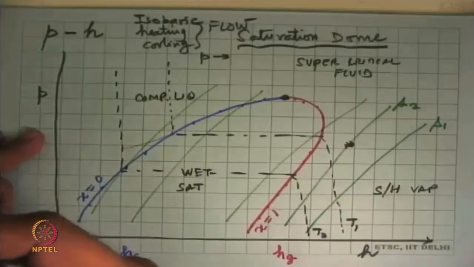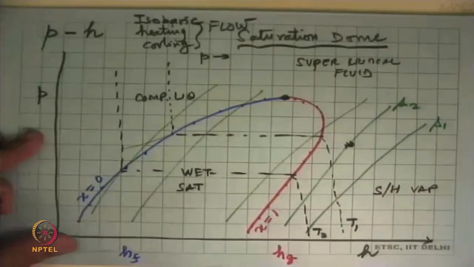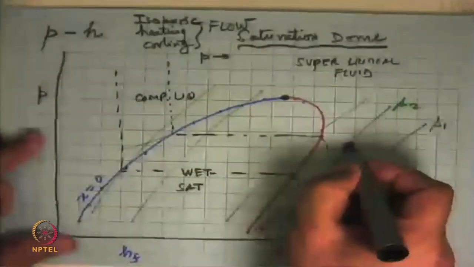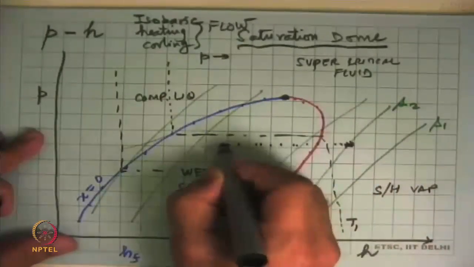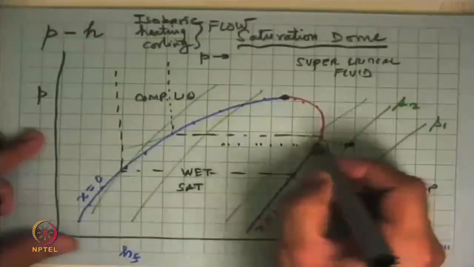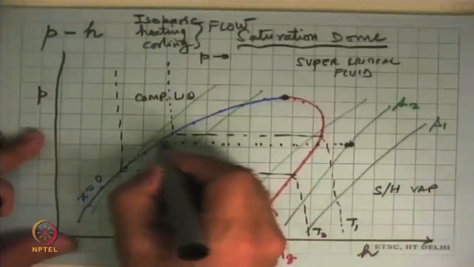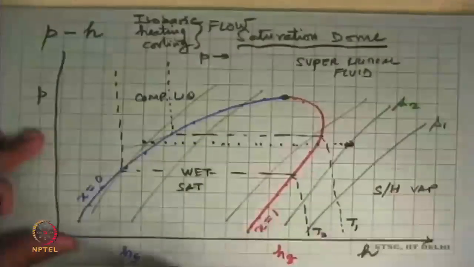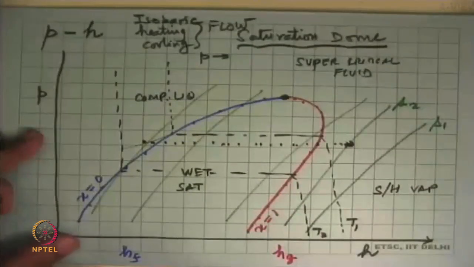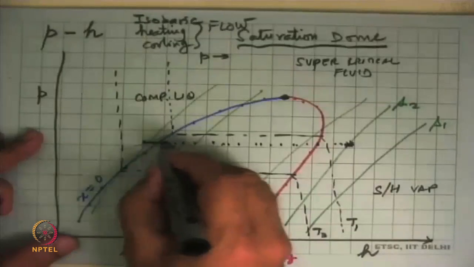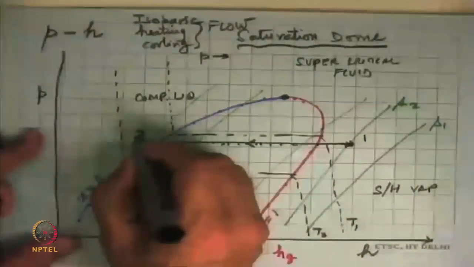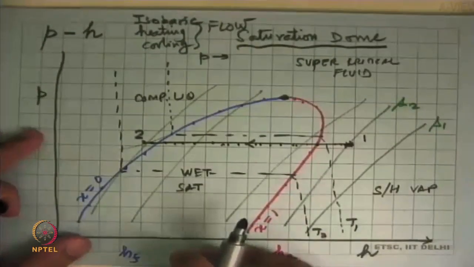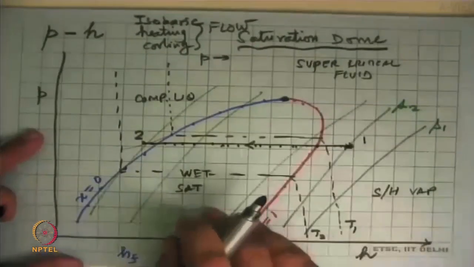The temperature of the vapor inside is more than the ambient temperature, so it starts rejecting heat and it gradually keeps cooling down, and it goes through all these states like this. At some point it becomes a saturated vapor. We continue cooling it, and at some point we say, okay, enough cooling is done, and this is our exit state. So this line, this 1 to 2, is your ideal condensation process in the air conditioner.